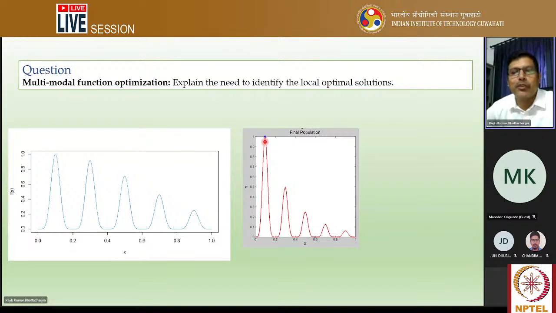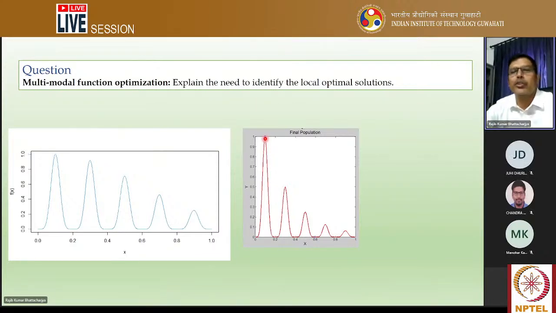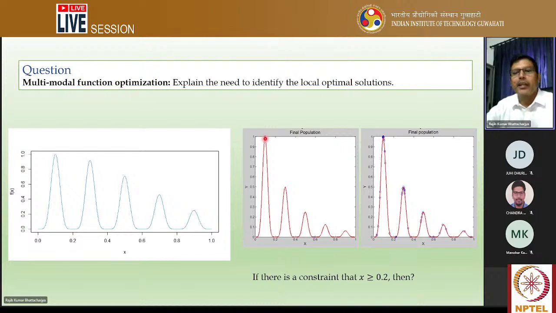This is the global optimal solution, and suppose you give this solution to the decision maker, saying that if you take it you will get maximum benefit. But during the discussion, another constraint comes up, for example that x should be greater than 0.2.